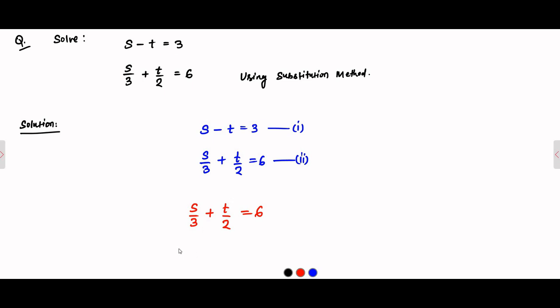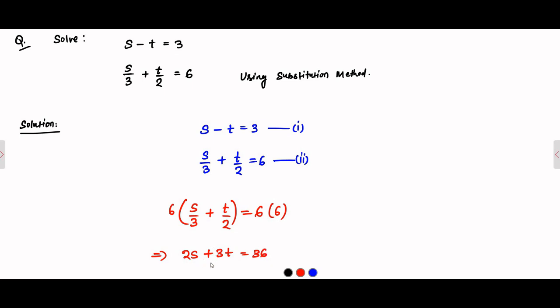That is, multiplying 6 on both sides, because we have to multiply 6 on both sides, then only it will neutralize each other. So 6 into s by 3 is 2s, plus 6t by 2 is 3t, is equal to 36.